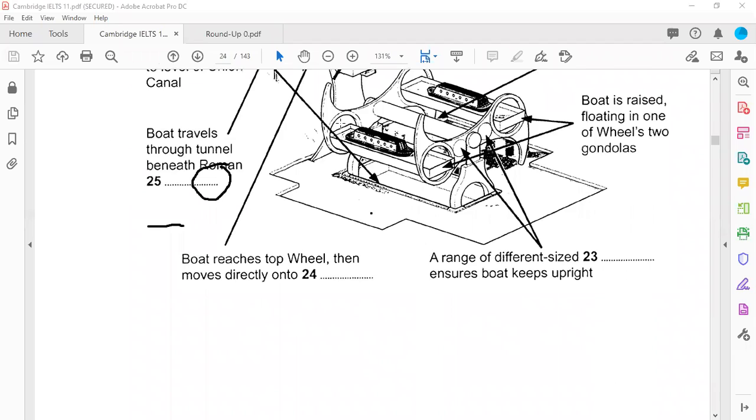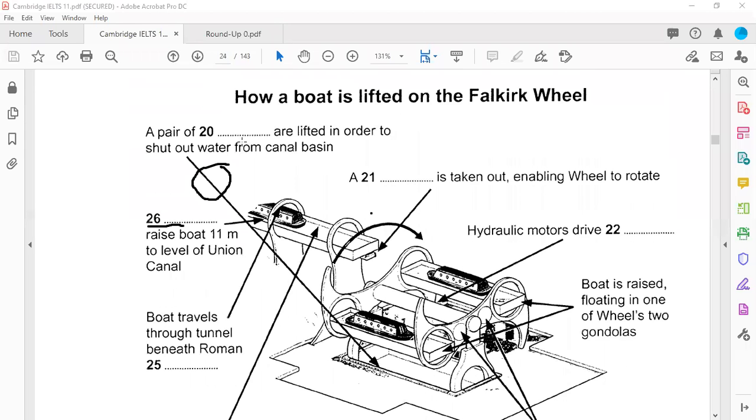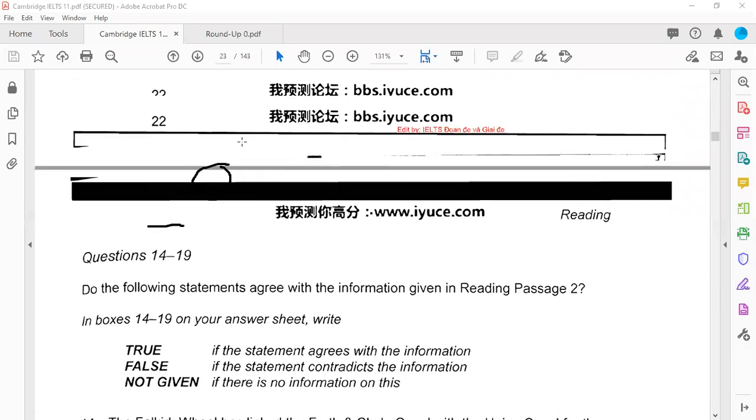Okay, let's see. Drive axle. Boat is raised, floating in one of the wheel's two gondolas. A range of different sized something keeps the boat upright.